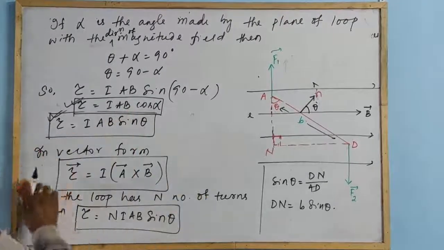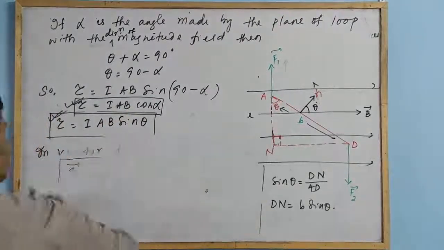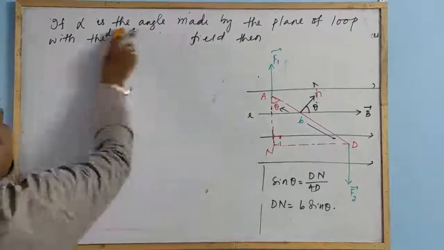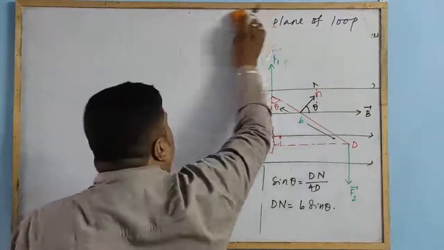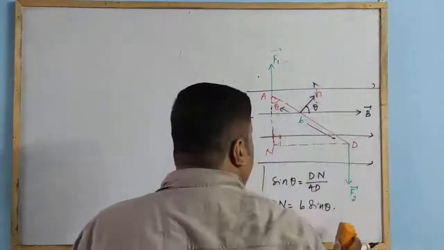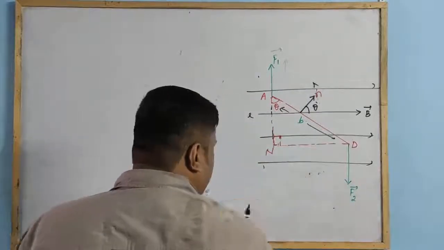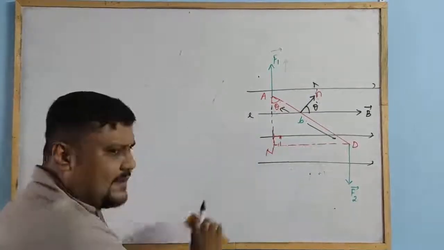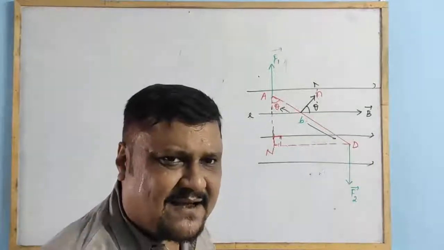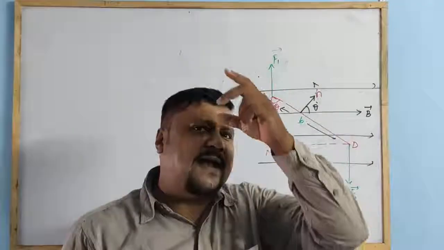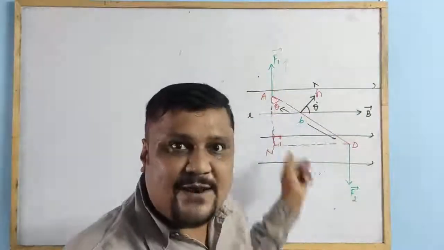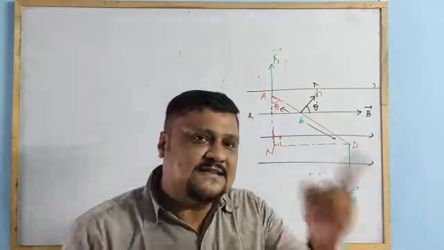So this is about the torque expression. Clear? Already you know the torque acting on a dipole. In this case, a current carrying loop is a magnetic dipole. And what is the dipole moment?